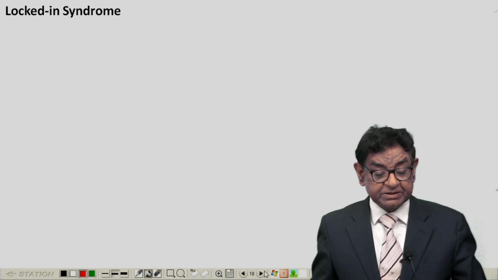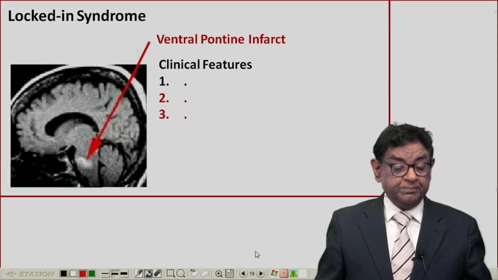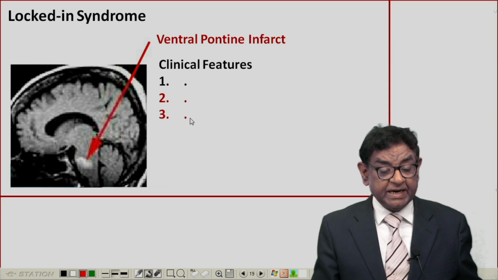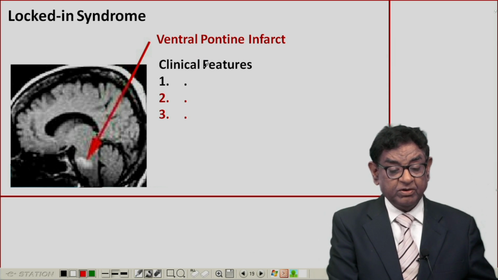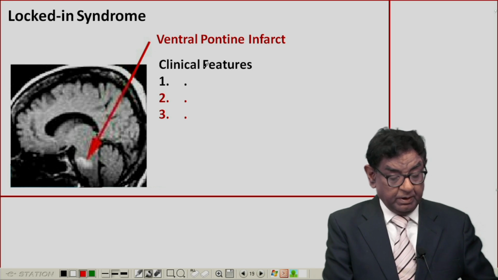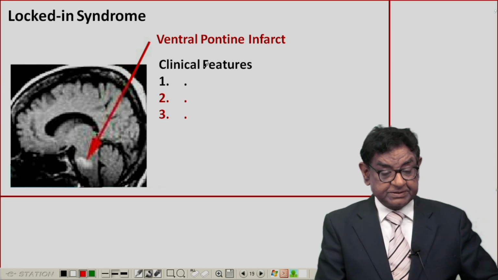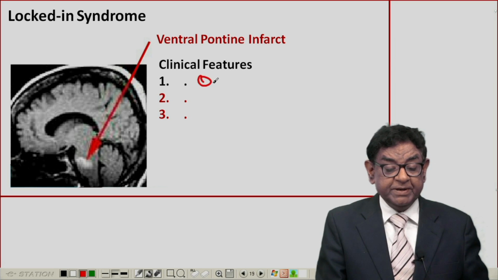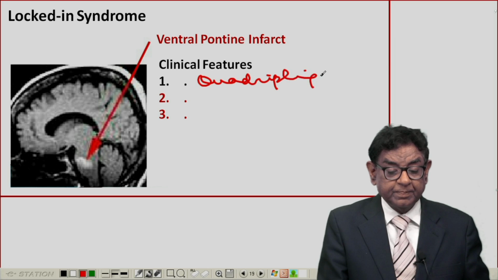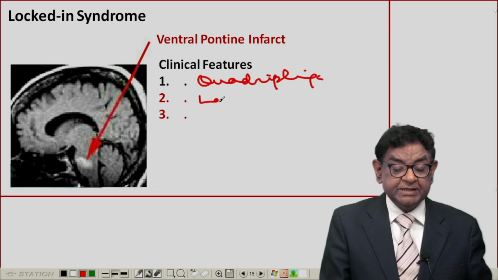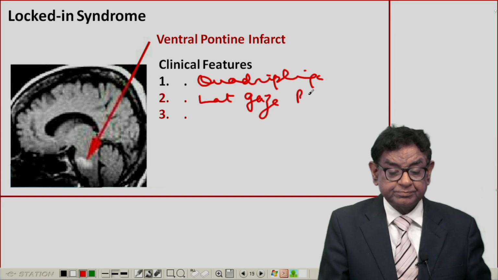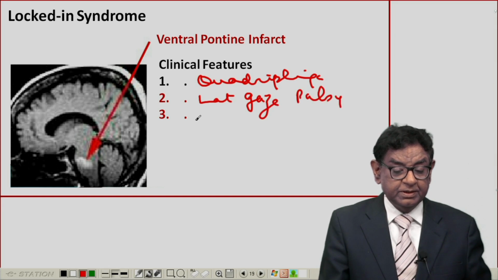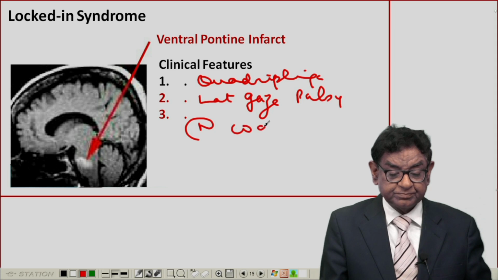So in locked-in syndrome, the main site of problem is in the ventral pons. Infarct or hemorrhage, and in this case, the patient has quadriplegia, lateral gaze palsy, normal cognition.